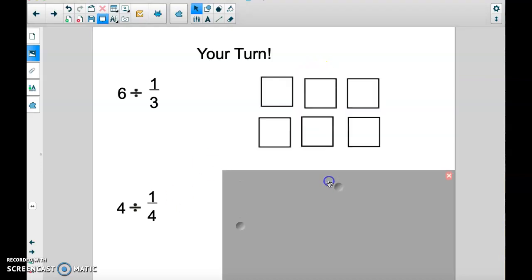Okay. So if we look at 6 divided by 1/3, I start with 6 wholes, okay? And I'm seeing how many 1/3s are in 6 wholes. So I'm going to break each one into thirds.